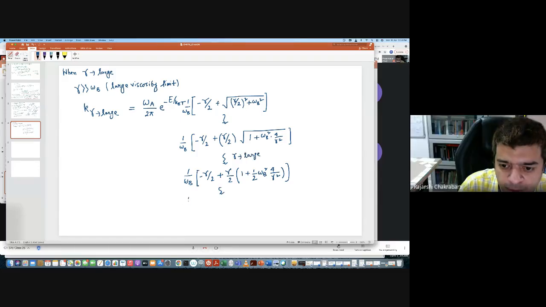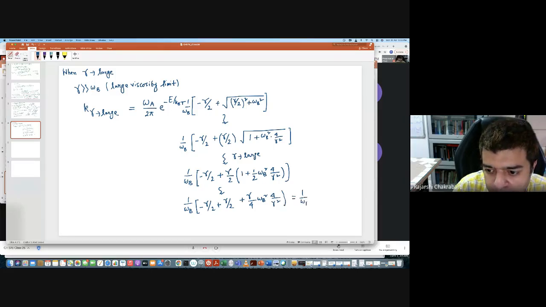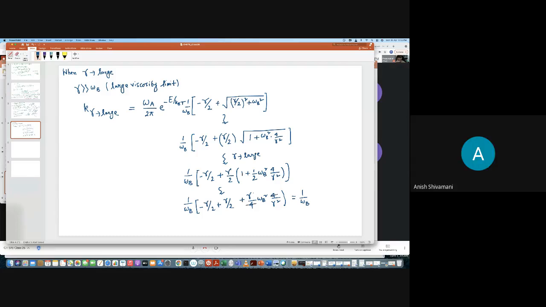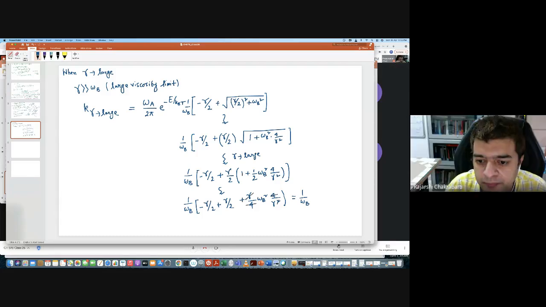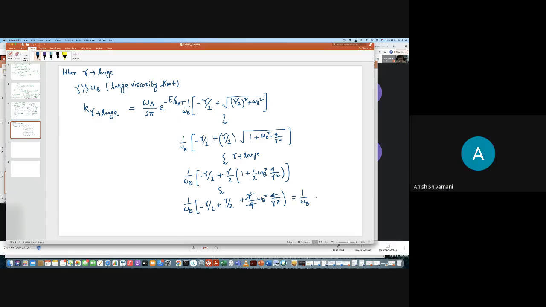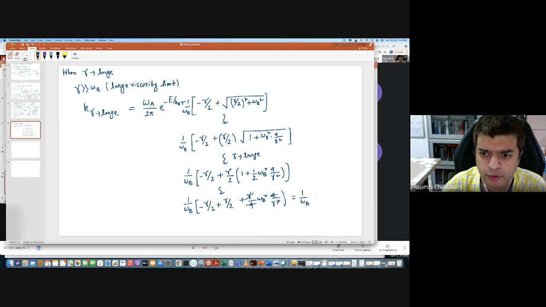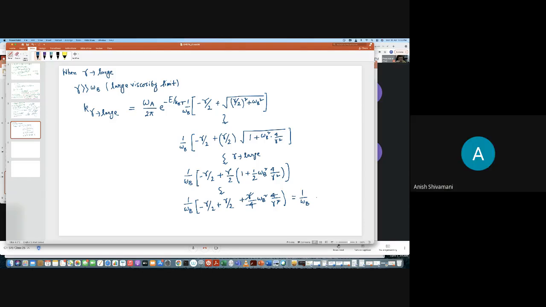What will happen to this factor? The minus gamma by 2 plus root of gamma by 2 square plus omega b square, that whole thing is squared, right? The gamma dependent quantity of kappa.